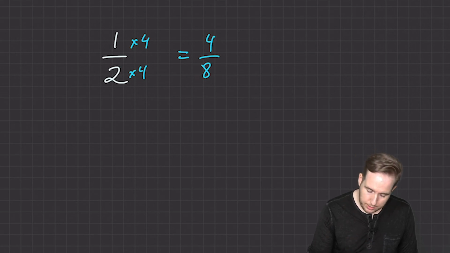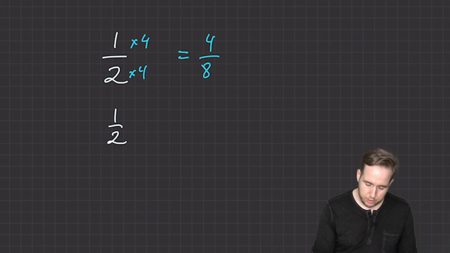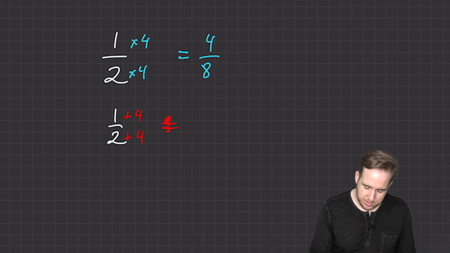What I am not allowed to do is, and we'll burn this into your head with a more appropriate color, what I'm not allowed to do is plus 4 plus 4. Because what happens? That turns into, and this is not an equal sign in real life, don't think that it is, 1 plus 4 is 5, and 2 plus 4 is 9.